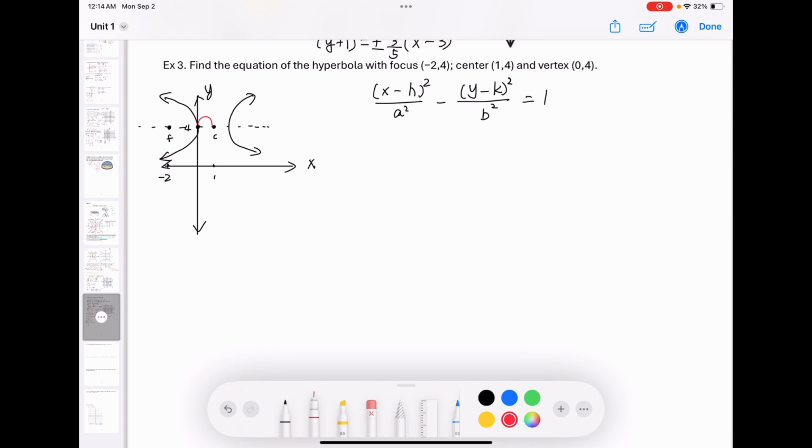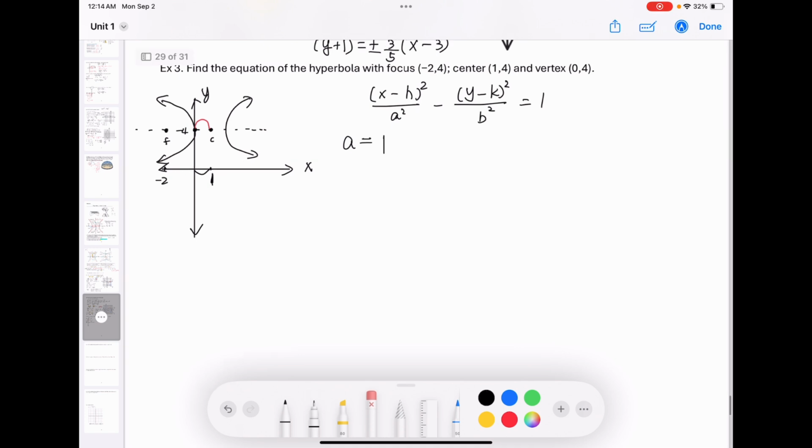So a is equal to, from 1 to 0, 1. How about b? It doesn't say b, but I have the given information c, because the distance from the focus to the center is c. So let's say c is equal to, from negative 2 to 1.